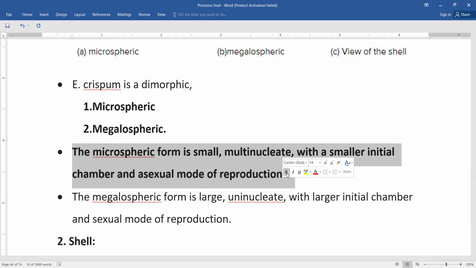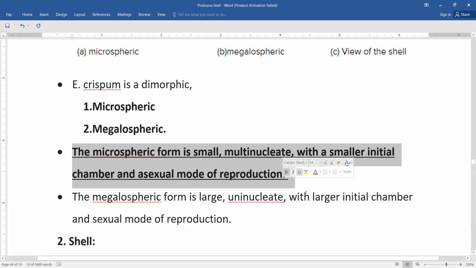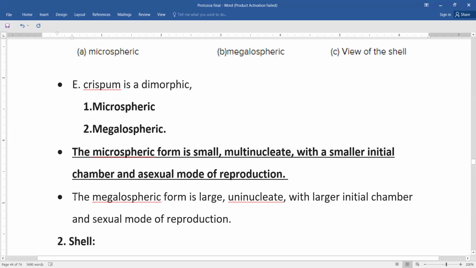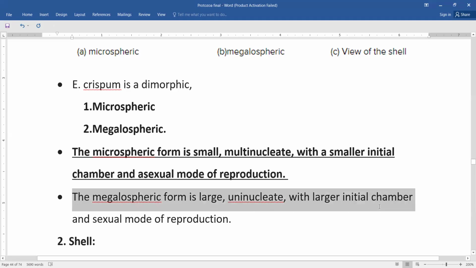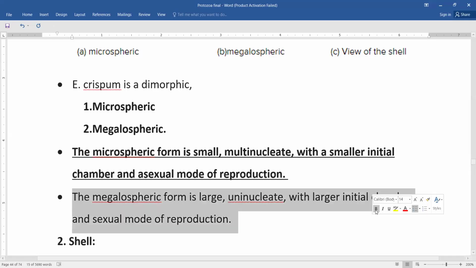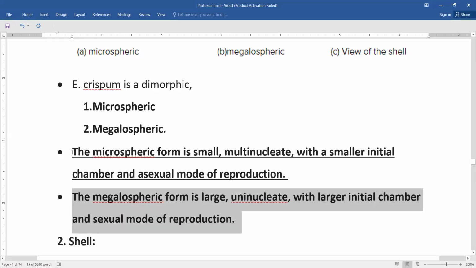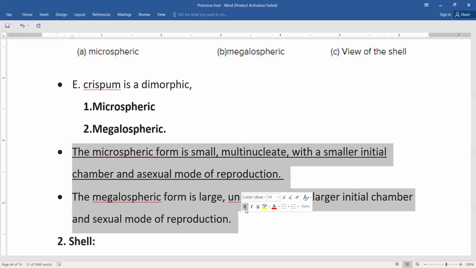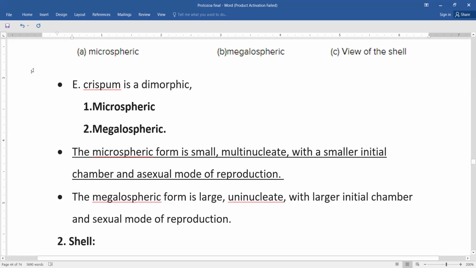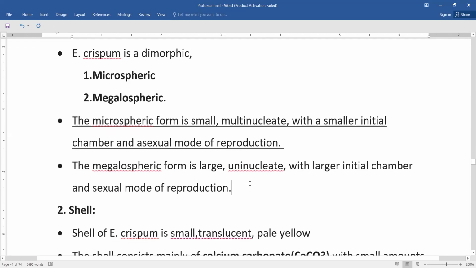You should remember this, it is very, very important. In exactly the opposite way, the megalospheric form is large, uninucleate with a larger initial chamber, and it performs sexual reproduction. Okay, so you should remember these two. The whole chapter depends on these features. If you remember these features, there is no need to worry about Elphidium.